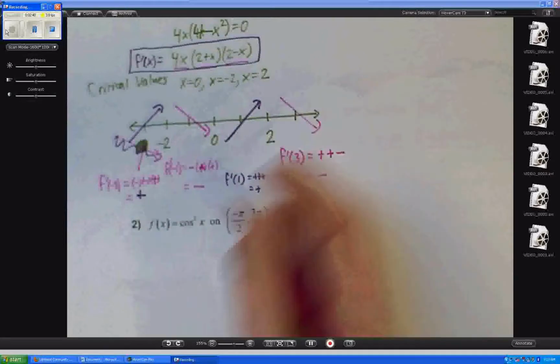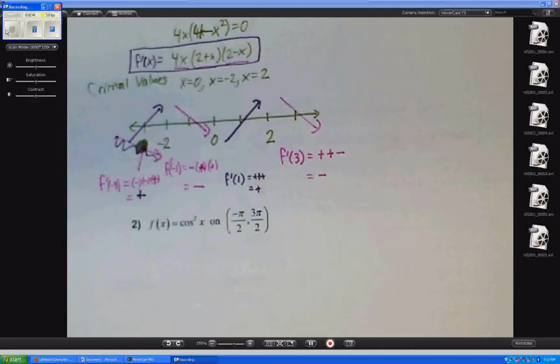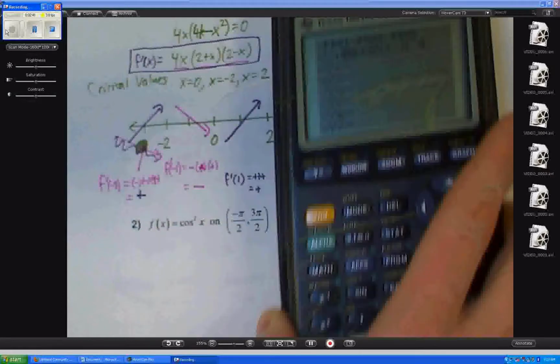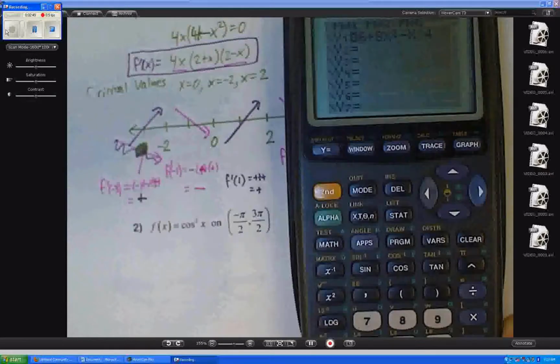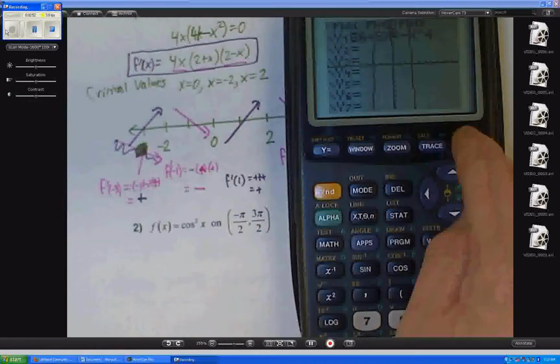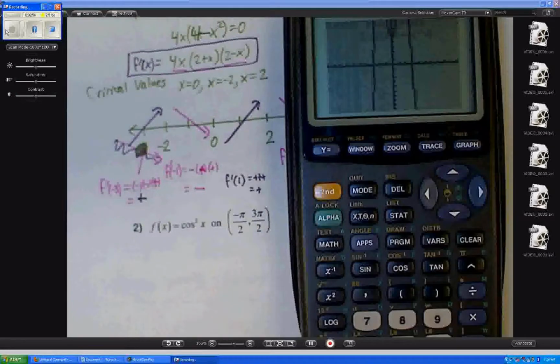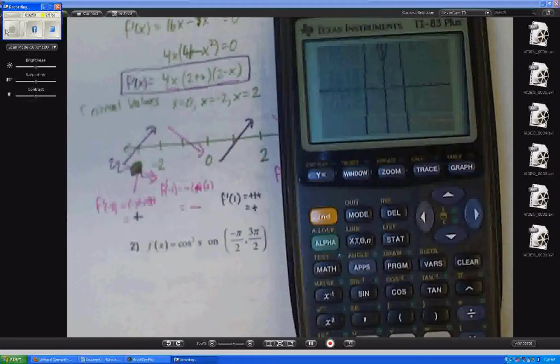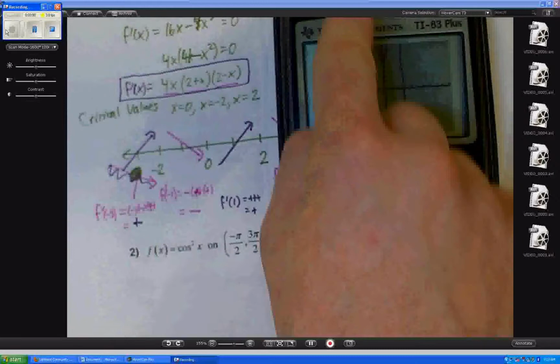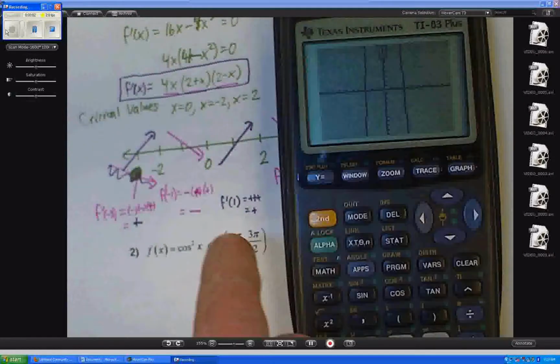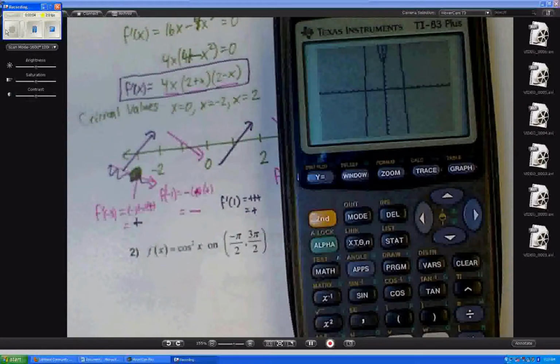Okay? And just for kicks, I sketched a graph on the calculator to save time. Here's my function. Notice when I press graph, I can't see very much. But it is increasing. You know, this is like a W kind of graph upside down, I guess an M, right? If I zoom out a little bit, maybe I could see a little more.